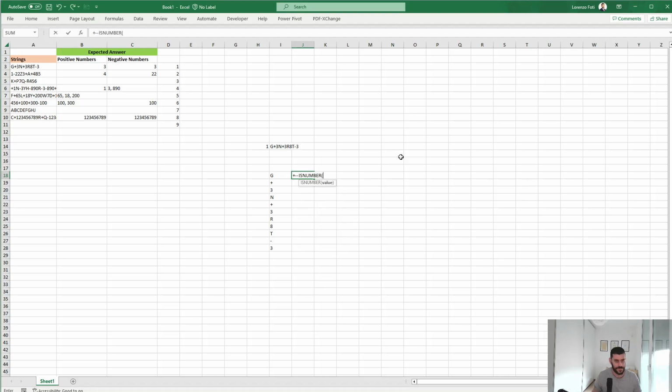Is number this, interesting. I usually go for this solution because I don't know why the other one is not working. If this is empty, I want 0, otherwise I want this.